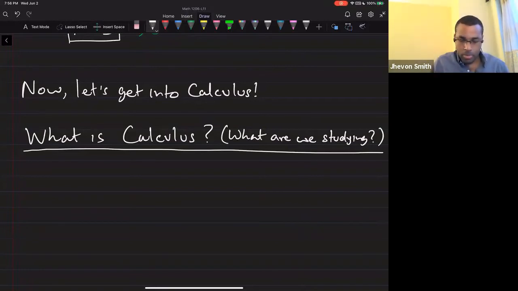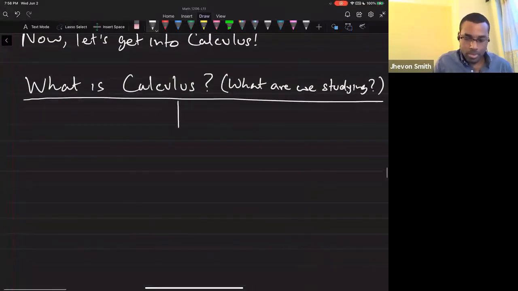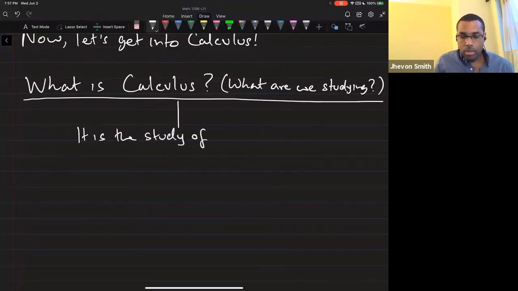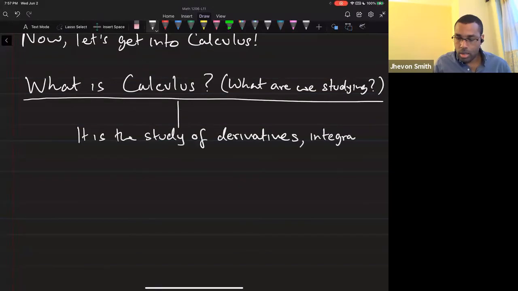So, basically, it is the study of mainly two mathematical objects, derivatives, integrals, and their applications.